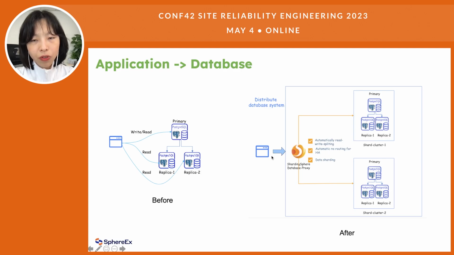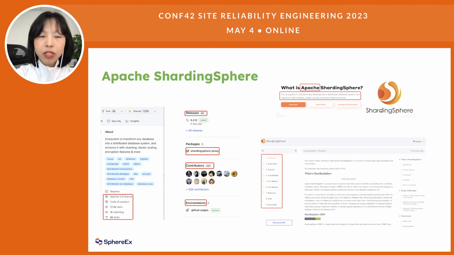But if you use Sharding Sophia, you don't need to care about the replica or primary one, the first shard cluster or the second shard cluster. You don't care about all of that stuff. Sharding Sophia helps you do all of it. You just send your query to Sharding Sophia, and it will deal with all of the requirements. Yeah, that is the function, and I just want to introduce it and tell you how to use it in your database infrastructure.